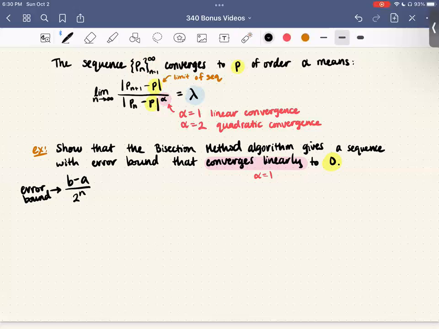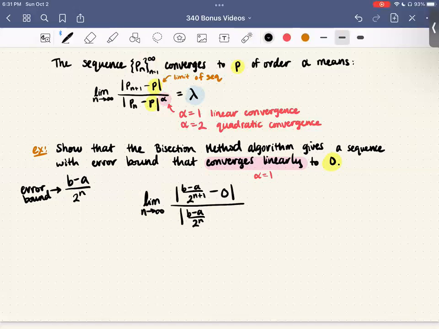The limit I actually want to compute, the limit as n goes to infinity, has the n plus first term in the numerator. So I'm going to take this expression, and I want this to be in the n plus first term. So b minus a over 2 to the n plus 1 minus the limit, which is 0, absolute value, all over the nth term in our sequence.